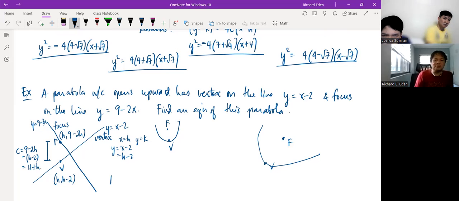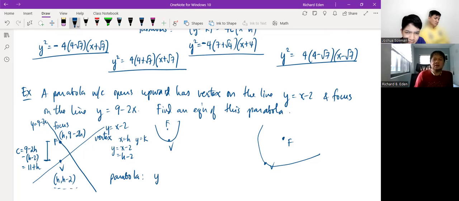So therefore, the parabola, you're right, maraming possibilities. So ang vertex niya is h comma h minus 2. So x minus h quantity squared equals 4c times y minus k.